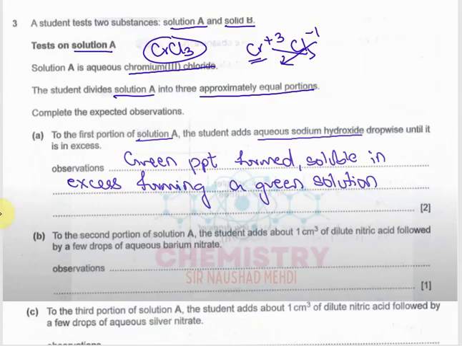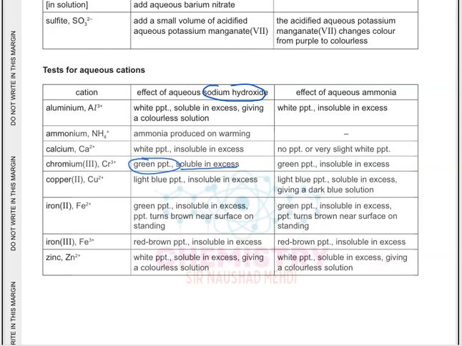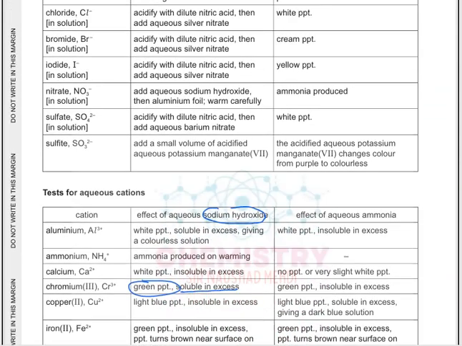In part B, it says that to the second portion of solution A, the student adds about 1 cm³ of dilute nitric acid, followed by a few drops of aqueous barium nitrate.